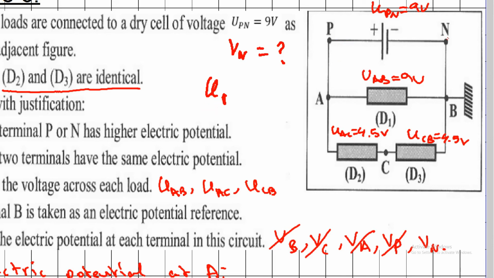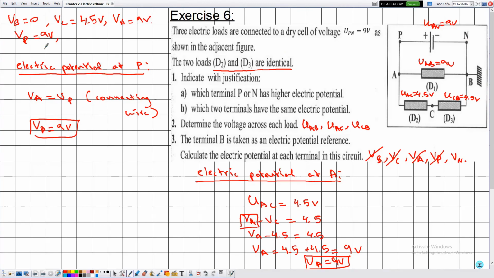So if we consider UPN, we know the voltage between these 2 points, which is 9 volts, and also we know the electric potential at the point P, which is 9 volts. So we have that UPN is equal to 9 volts.